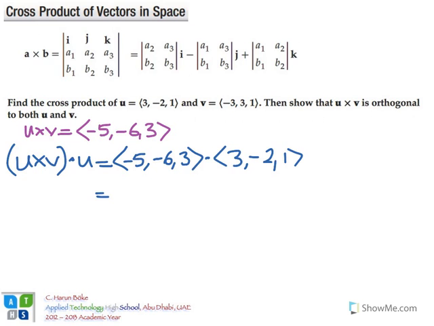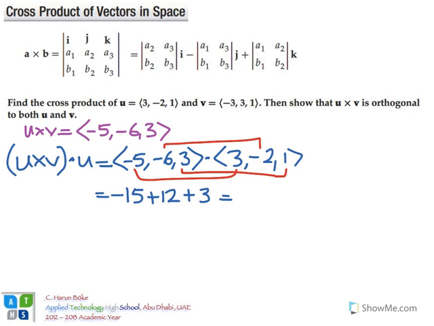It will be minus 5 times 3 plus minus 6 times minus 2 plus 3 times 1. So minus 5 times 3 is minus 15, minus 6 times minus 2 gives 12, and 3 times 1 gives 3. So we get minus 15 plus 15, which is 0. So we say that u cross v and u are orthogonal.